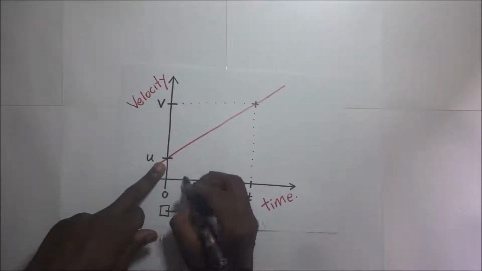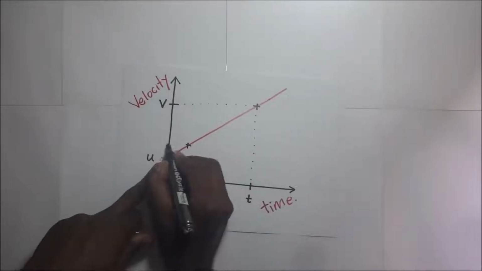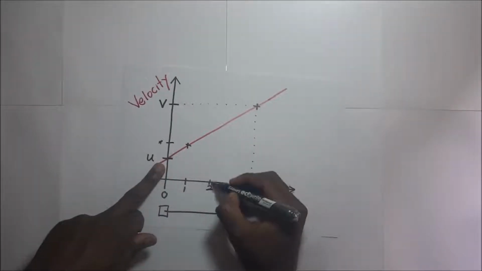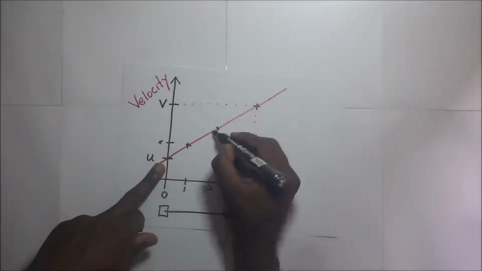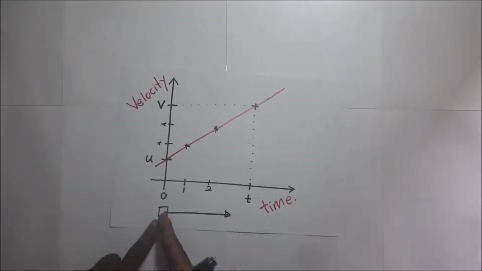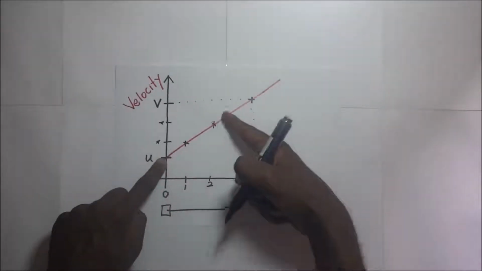Let's say after 1 second, its velocity increases to a new velocity. After the second second, its velocity keeps increasing to a new velocity. So this car, as it is moving, its velocity keeps increasing from a certain velocity u to a certain velocity v.